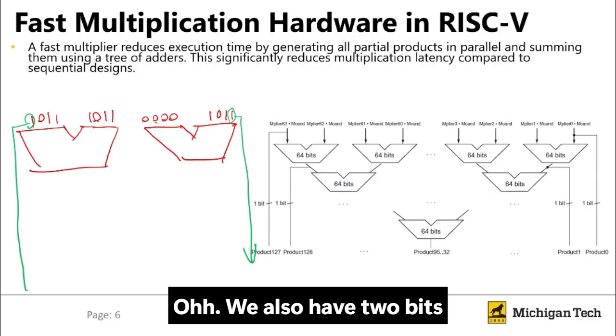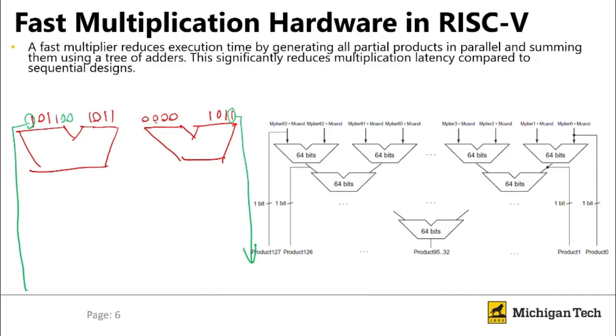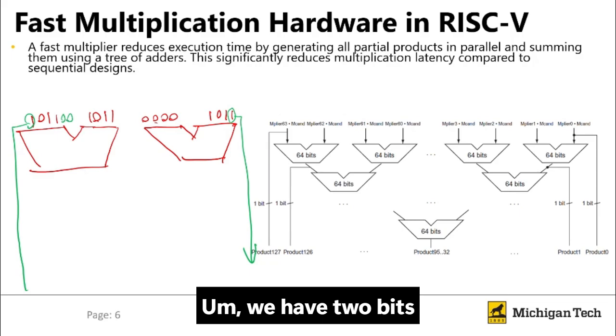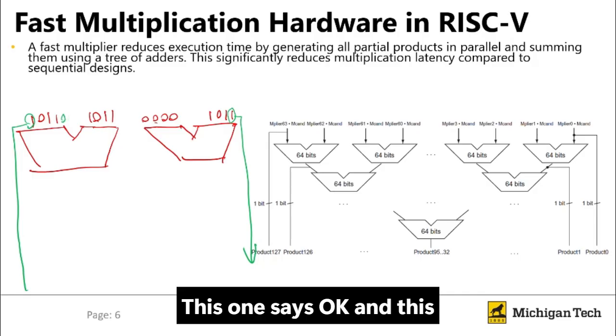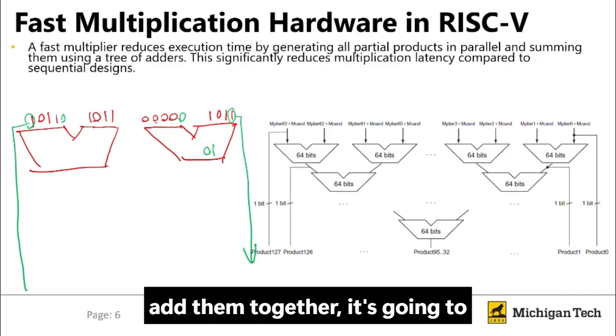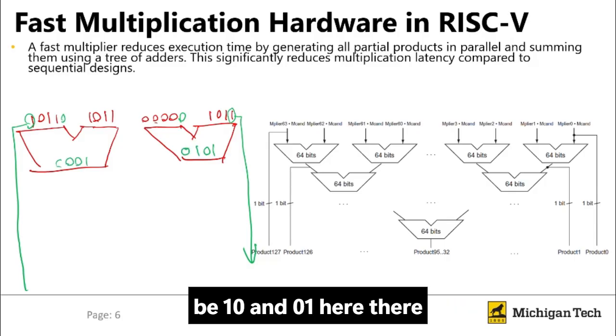Oh, we also have 2 bits here. This is okay, and this has 1. Okay, and when we add them together, it's going to be 1, 0, and 0, 1 here. There is 1, 0, 0, 0.